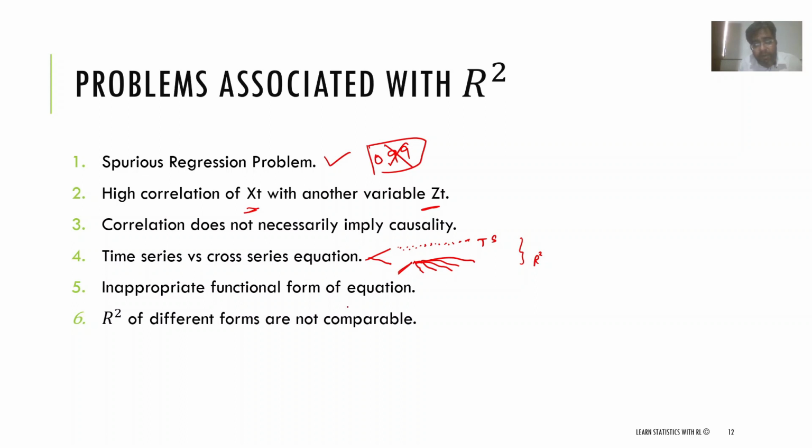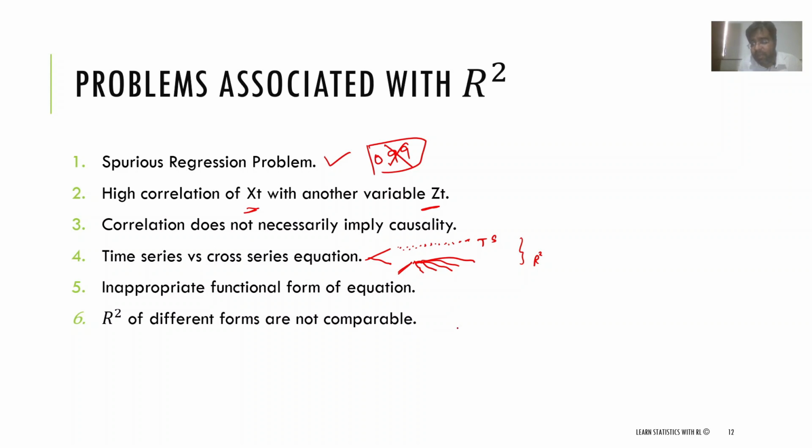More important, improper functional form of the equation. There are many forms of regression. If you adopt a wrong functional form, it would give a non-acceptable answer. R squares are not comparable.